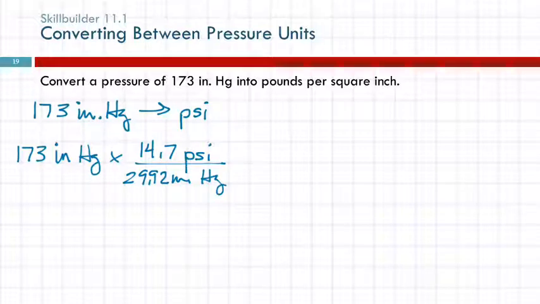So 173 times 14.7 divided by 29.92 equals 84.996. This is 3 sig figs. This is 3. That's 4. So this should have 3 significant figures.